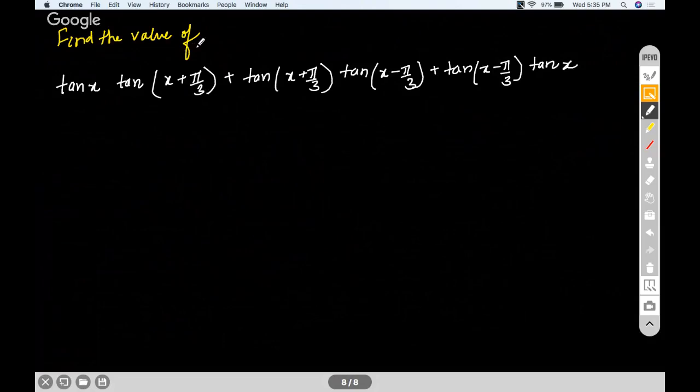Find the value of means you'll get a number, you get a numeric answer for this particular expression.